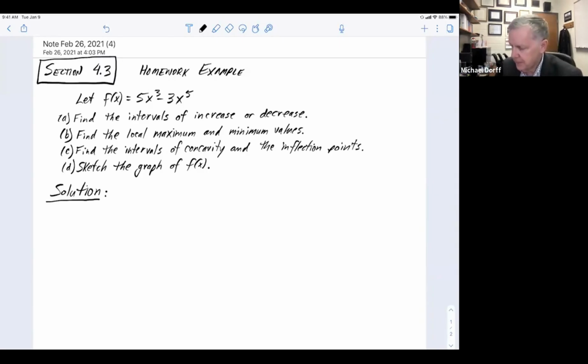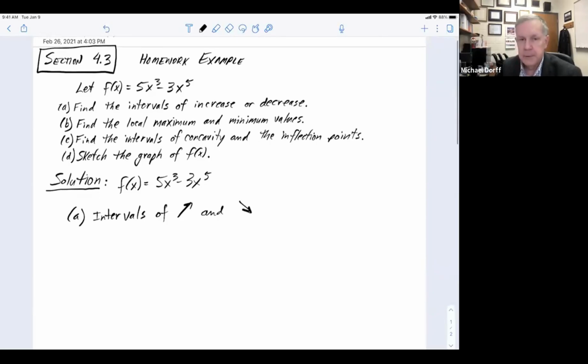So I'm given this function f of x equals 5x cubed minus 3x to the fifth. And the first thing I'm supposed to determine is intervals of increasing and decreasing. So I'm going to write that as intervals of increasing and decreasing, like this. To do that, I just need to find the derivative of the function.